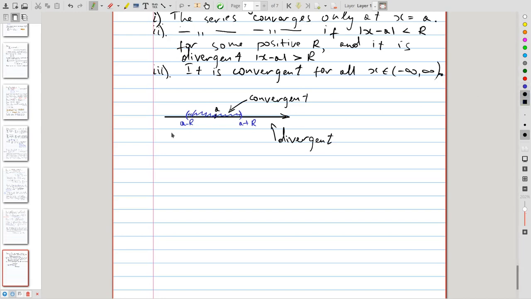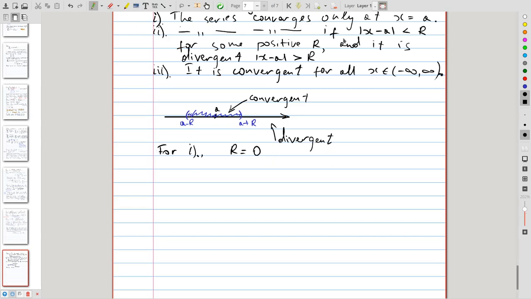Okay, and so you can see that in case 1, the first case where it only converges at one point, we have that r is 0, right? So you can treat the first possibility in the same way if you think of it as a neighborhood of radius r.